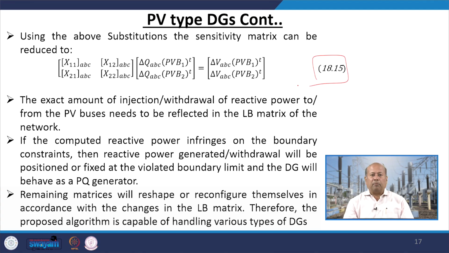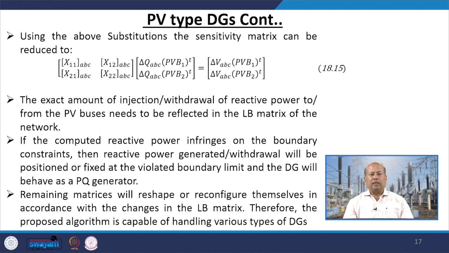The exact amount of injection or withdrawal of reactive power to or from the PV buses needs to be reflected in the LB matrix of the network. If the computed reactive power infringes on the boundary constraint, then the reactive power generated or withdrawn will be fixed at the violated boundary limit, and the DG will behave as a PQ generator.